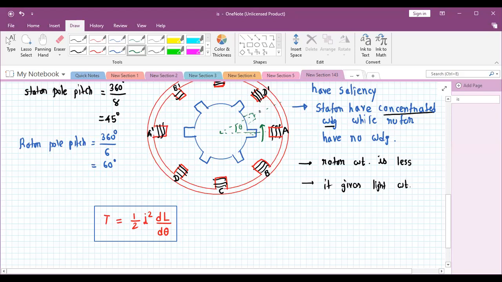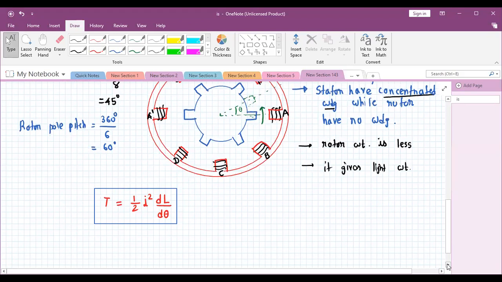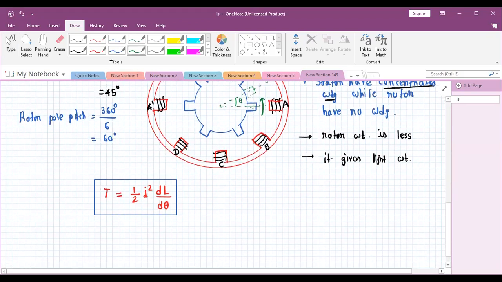If the flux varies, the inductance varies. So we can say the position of the rotor varies, and according to that our inductance varies. So we can plot this. Whatever we plot for the variation of torque for any one phase, the same is applicable to the other phases after some angle.